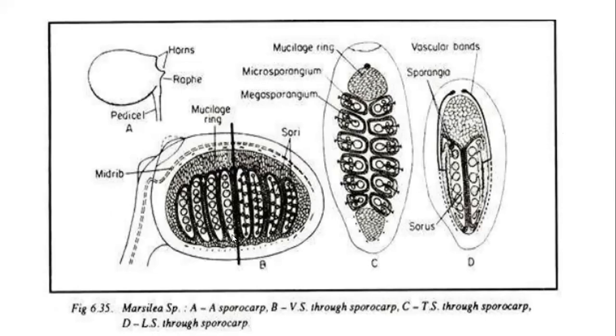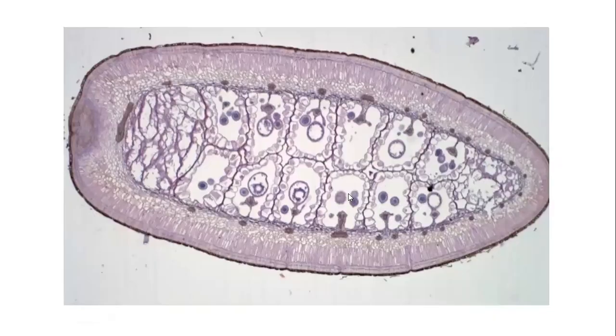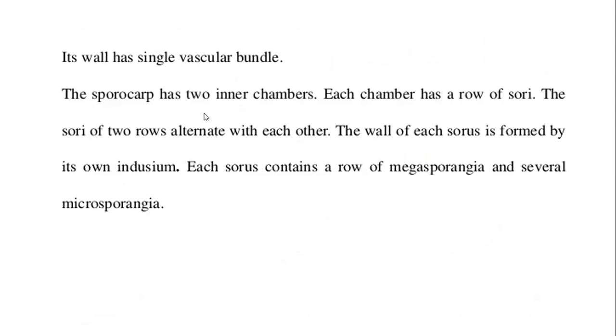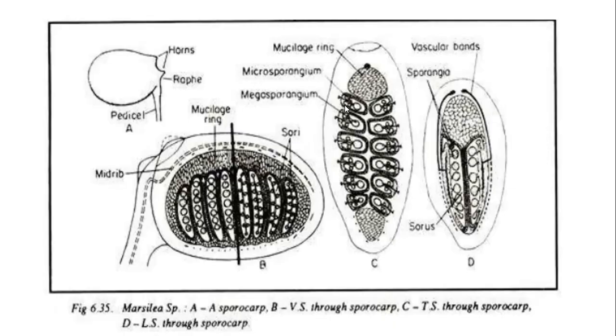The complete sporocarp is divided into two chambers. This is one chamber on this side, and this is the right chamber on this side. Each chamber has a row of sori. Now this is one chamber. All these are the sori, a row of sori.